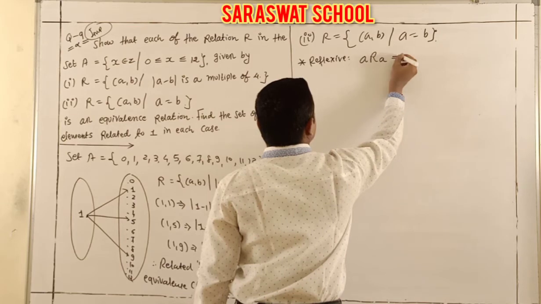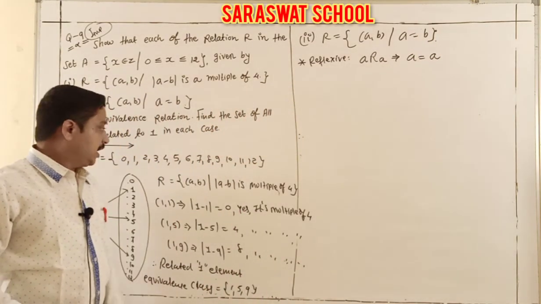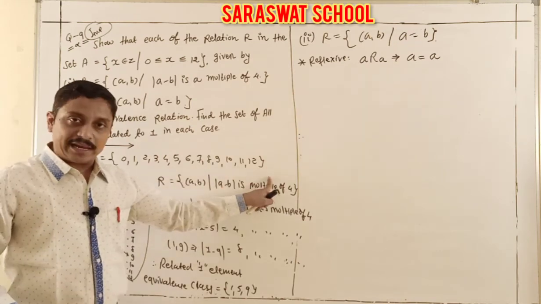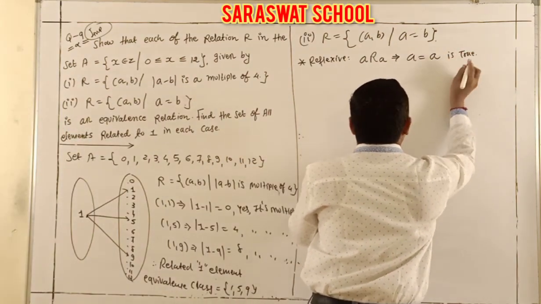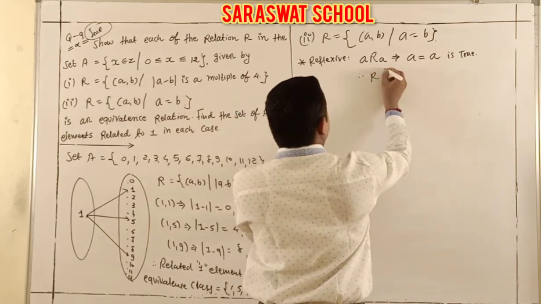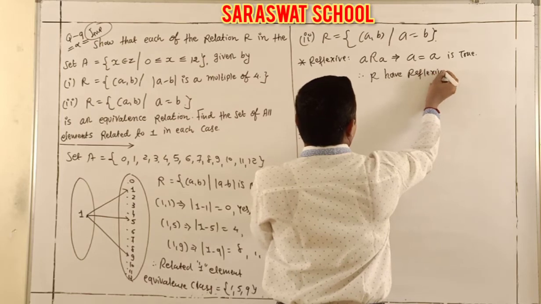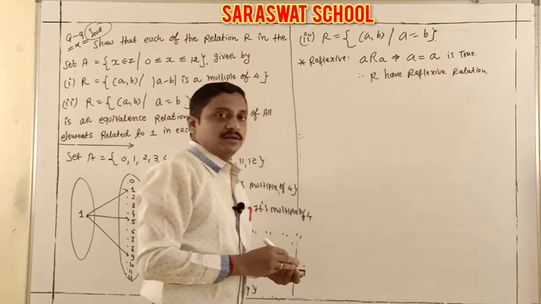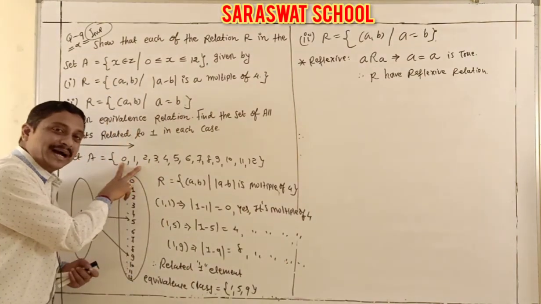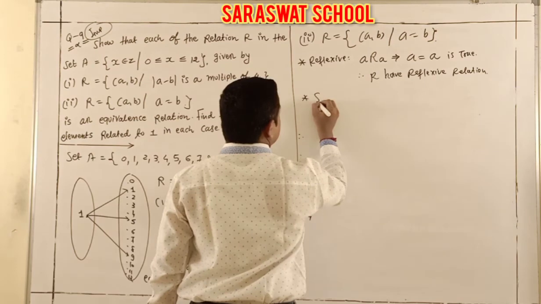Check a is equal to a, because both are equal. A is taking any number, 0 to 12. So here a equal to a is true. Therefore, R has the reflexive relation. Whichever number you take, 0 to 0, 1 to 1, 2 to 2, they are the same.